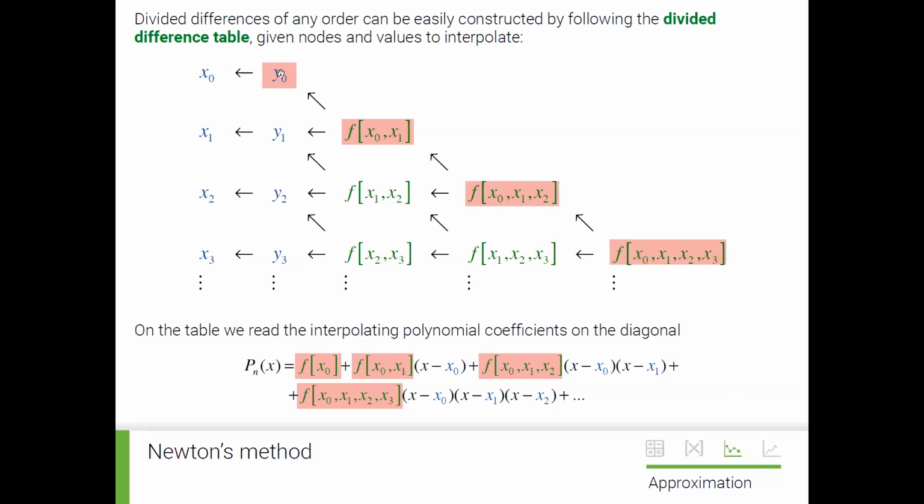The first one is just f[x0], which equals y0. Then f[x0, x1], then the third one f[x0, x1, x2], and the fourth one f[x0, x1, x2, x3]. So here we have the divided difference table for finding these coefficients of the interpolating polynomial.